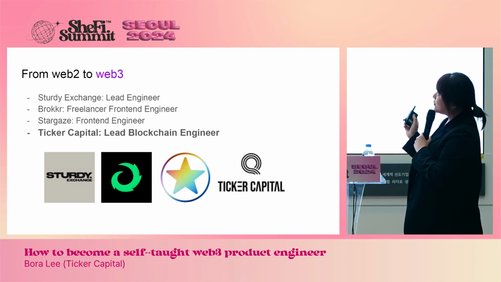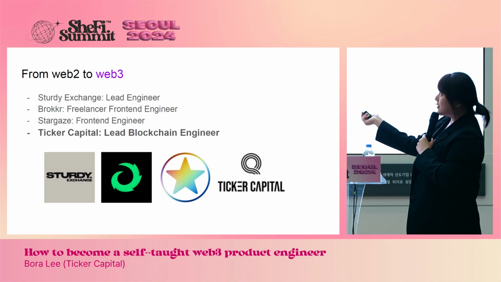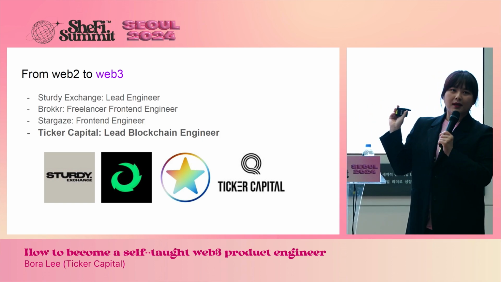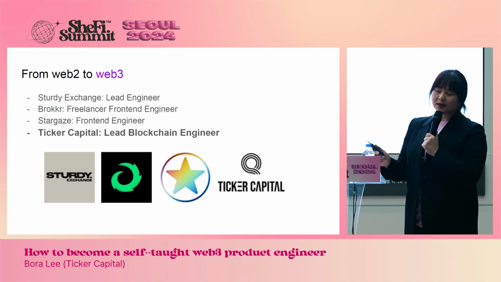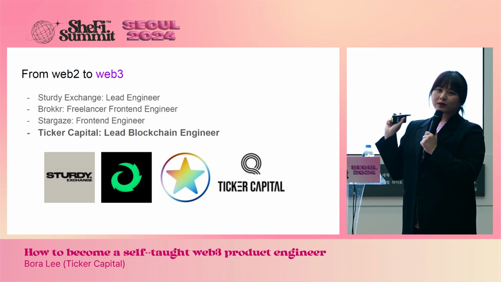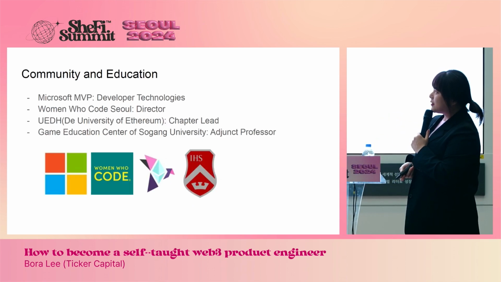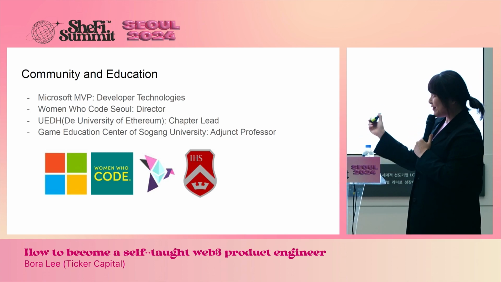And then I was at Broker and Stargaze, both on the Cosmos ecosystem. Now I'm at Ticker Capital, and we haven't decided the chain yet, but I think we will choose a chain in the Ethereum ecosystem.